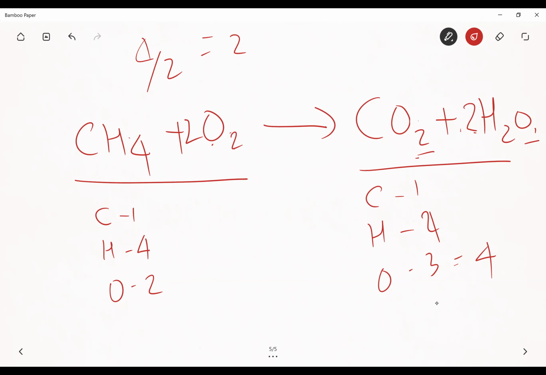Yes, I understand the balancing. What I wasn't understanding is the representation of the coefficients in one of the questions in the quiz. Maybe I should just wait till you finish this one.